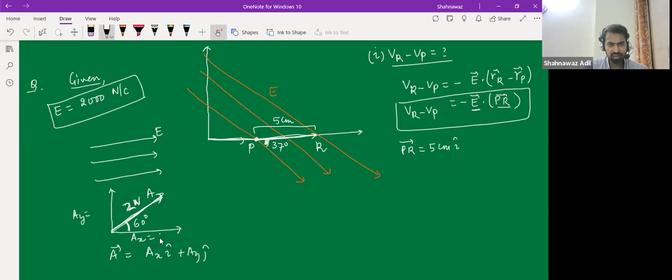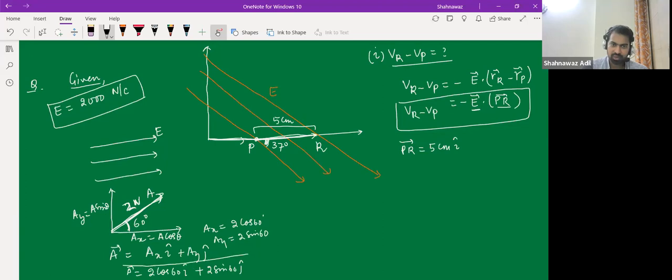This is A cos theta, right? This is the horizontal part. This is the vertical part. So Ax would be 2 cos 60 and Ay would be 2 sin 60. So this would be 2 cos 60 i hat plus 2 sin 60 j hat.